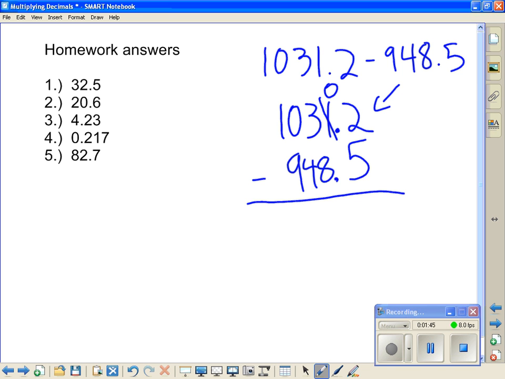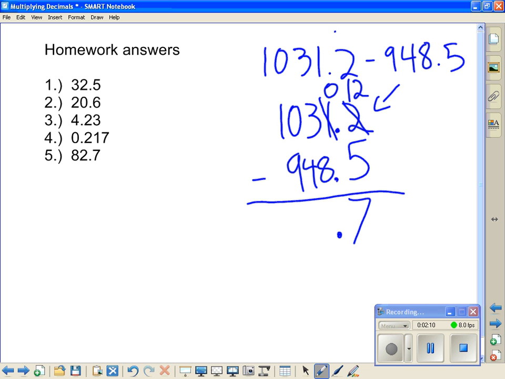And where does that 1 go that we just borrowed? Alexis? Okay, so we cross out the 2 and make it a 12, correct? So, can we do 12 minus 5 now? Yes. What does that give us? 7. Okay, let's make our new decimal.